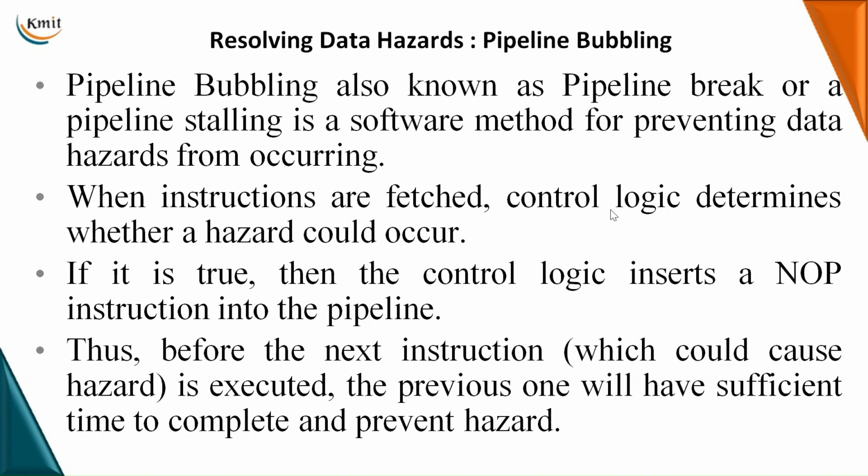Since it is a software approach, by means of instructions you implement the bubble using an NOP instruction. Thus, before the next instruction is executed, the previous one gets sufficient time to complete, preventing the hazard. When you insert an NOP instruction into the pipeline between two dependent instructions, there will be enough time for the previous instruction to complete its execution before the next instruction starts its execution, so that the dependency will be resolved.